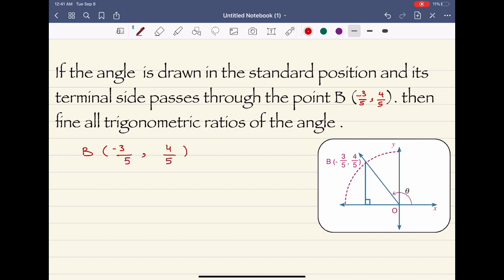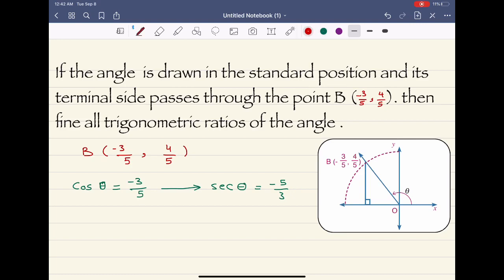Therefore, cosine theta equals negative 3 over 5, and its reciprocal sec theta equals negative 5 over 3.